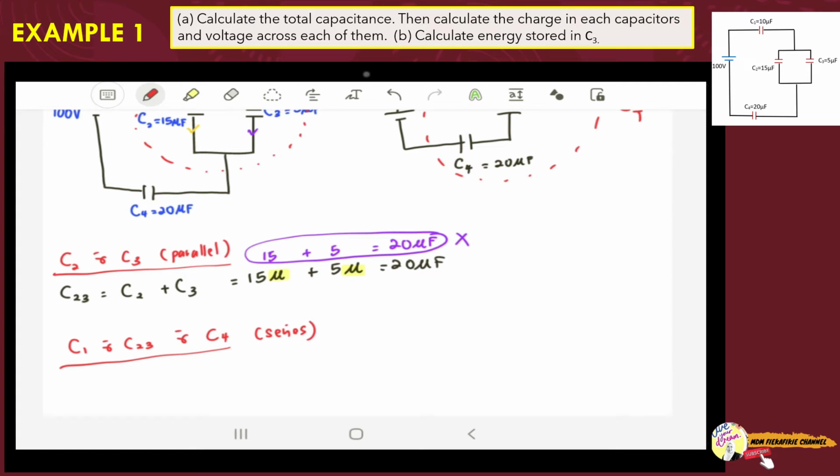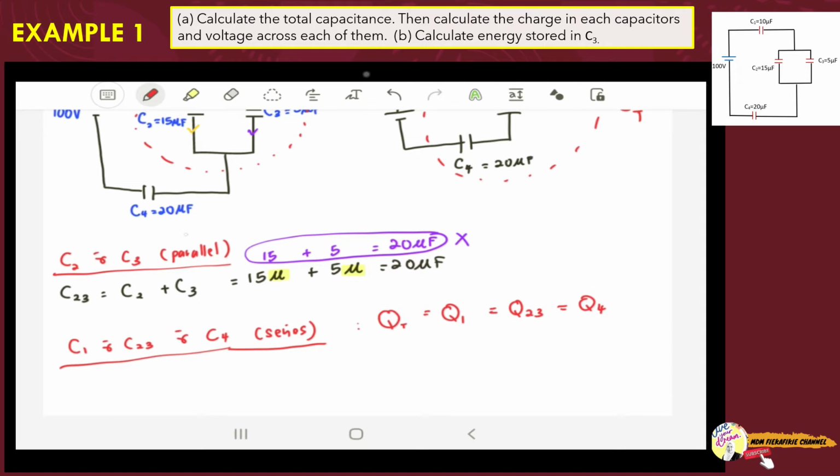So bila awak tulis macam ini, okay, you already know that when C1, C23, and C4 are in series, means that, okay, the total charge is equal to Q1 is equal to Q23, and it's equal to Q4 because they are in series.